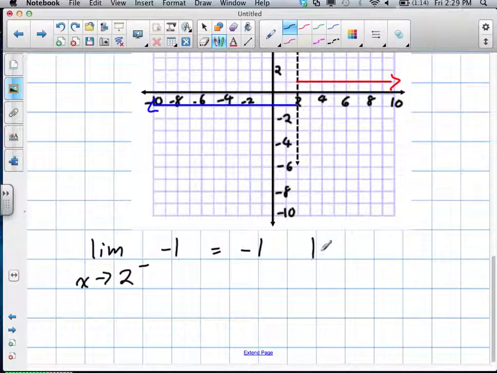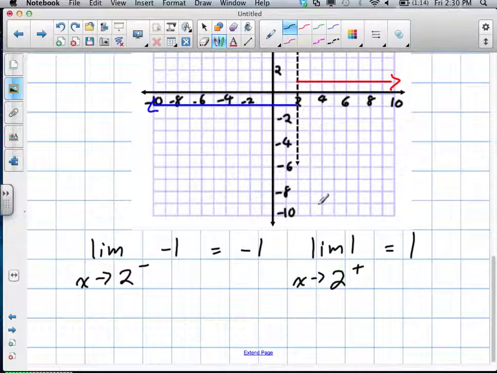And the same idea happens for the limit of 1 as x approaches 2 from the right. Because it's a constant term again, we're just going to be left with the limit being the number 1, or the value of it being the number 1 here. So it did matter whether we're approaching from the left or right. We did have these, but the limit at 2 does not exist.